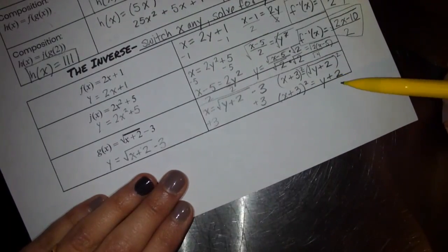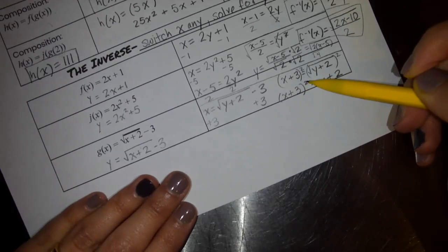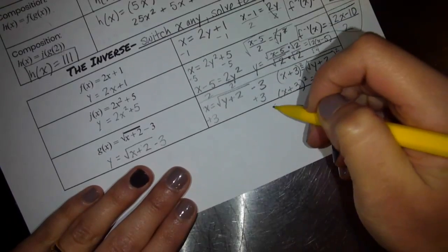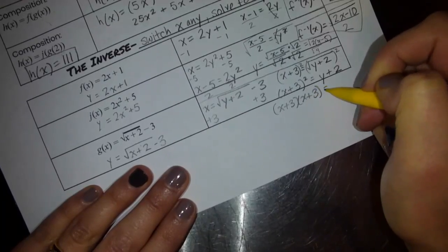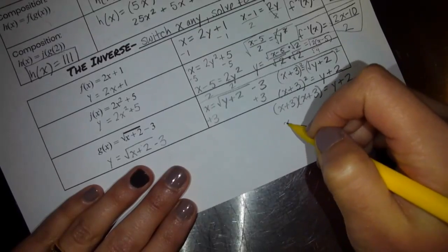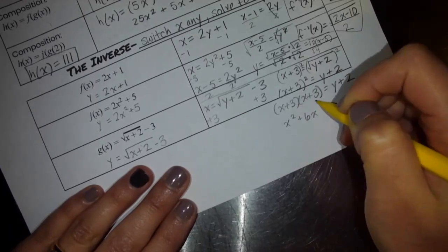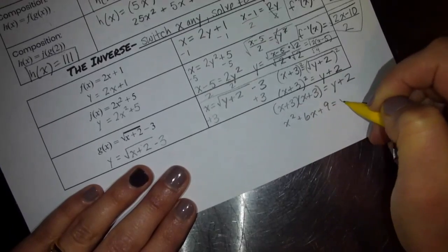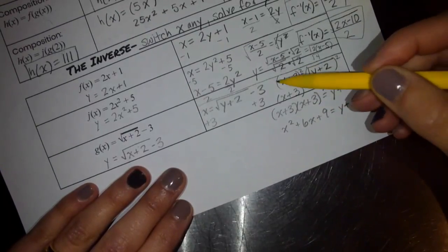Now I can't just subtract 2 from the 3 because this is being raised to an exponent. So what I need to do is expand this, and I will need to do FOIL or distribute. So x times x is x squared, 3x plus 3x is 6x, and then plus 9 equals y plus 2. So this is the main step here. We don't distribute the exponent.